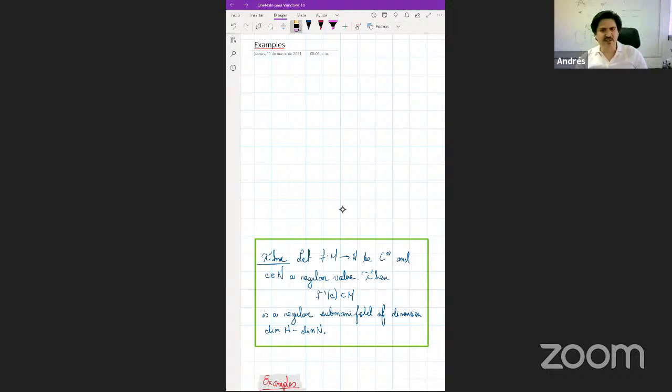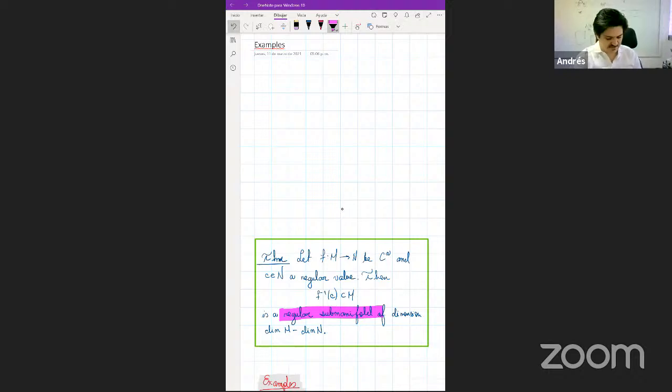We saw several examples, and we're going to see more of them, right? Now, of course, the statement says that we have a regular submanifold, but we prove that a regular submanifold is a manifold on its own.